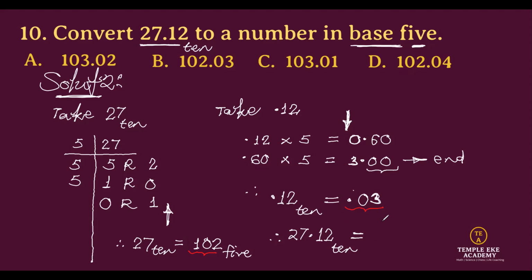And by doing that, we have 102.03 in base 5, our final answer. Very simple. And that is actually option B right there. Option B is the answer.